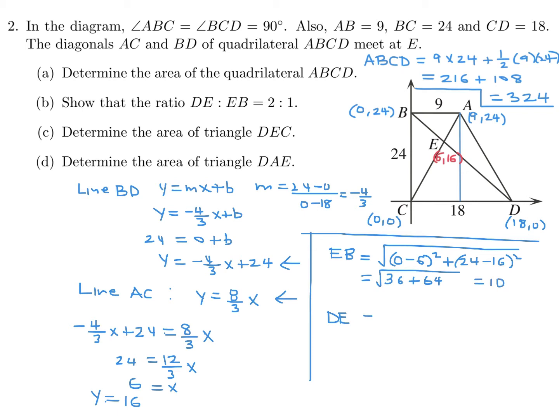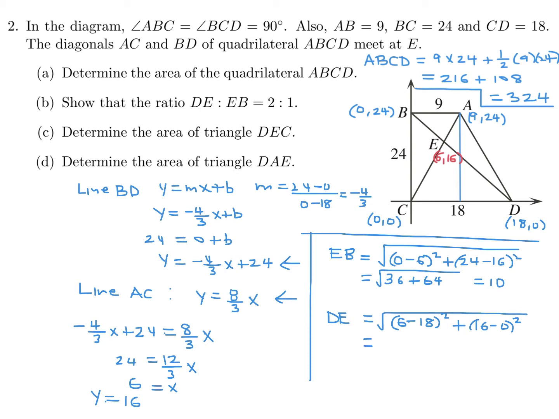ED, or DE, same thing. Let's see here, where are we? We're using these two coordinates now. So that's going to be 6 minus 18 all squared plus 16 minus 0 all squared under the square root sign.